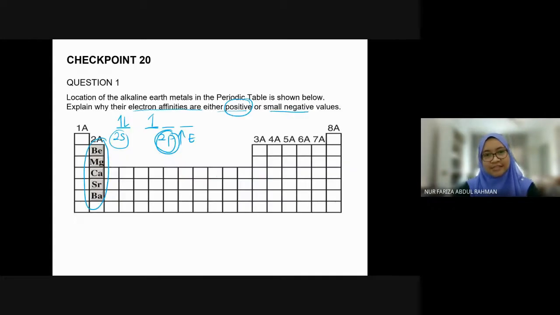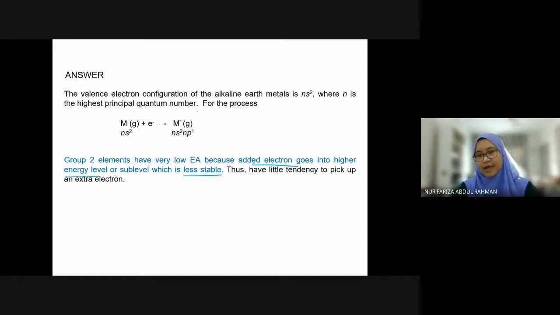So as you can see, this is partially filled. Partially filled is unstable. Dah lah requires energy. Lepas tu tak stable, so that is very unlikely for group 2. Dia tak favor accepting electron.